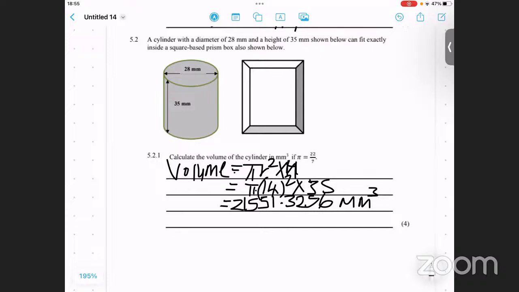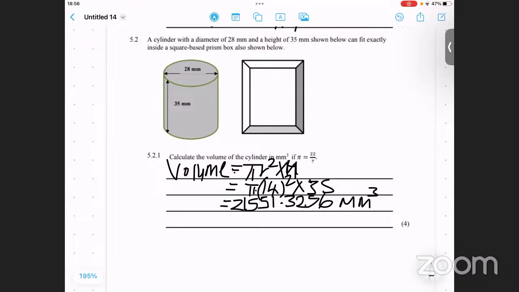Okay, so our pi is 22 divided by 7, and then multiplied by the 14 squared, multiplied by 35. So 22 divided by 7 times 14 squared times 35.